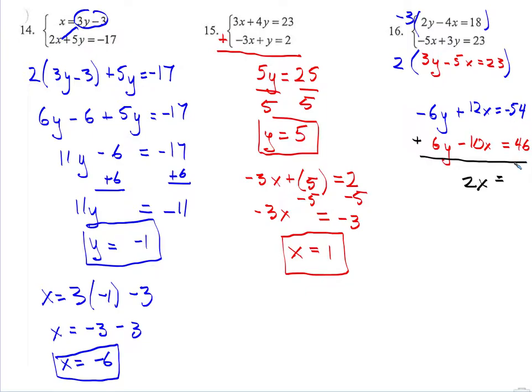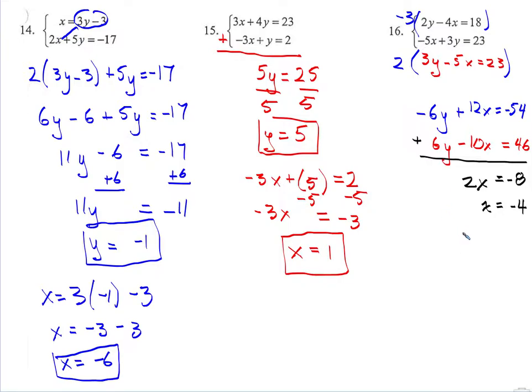That is going to be a what? Gentlemen, negative 54 plus 46. It is negative 8, and therefore x is equal to negative 4.